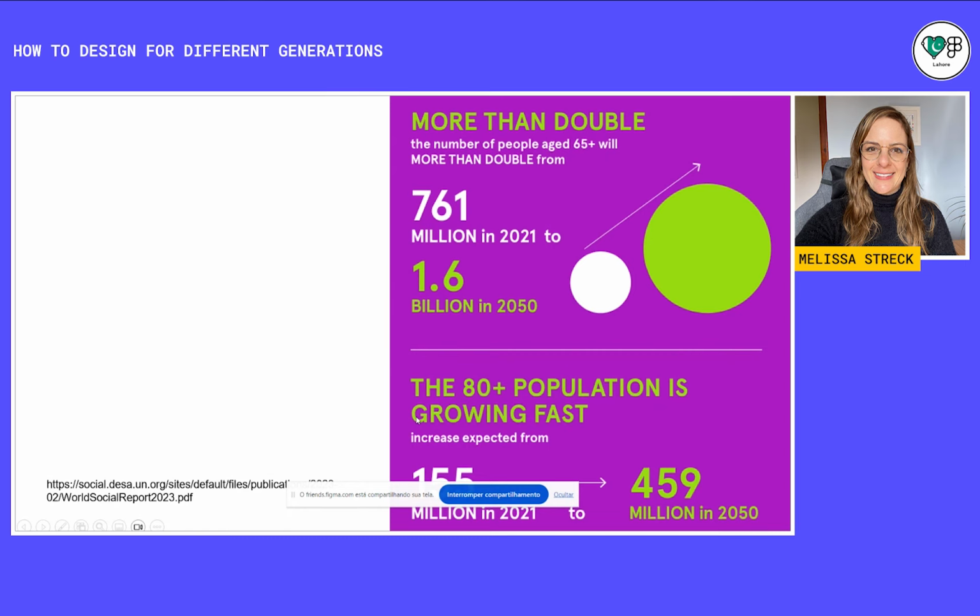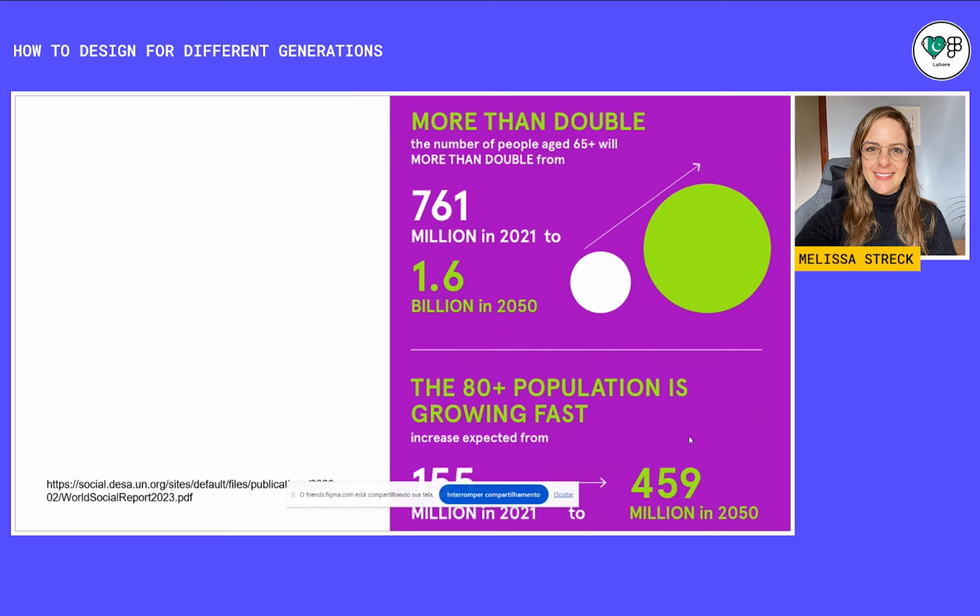The 80 plus population is growing very fast, from 155 million in 2021 to 459 million in 2050.